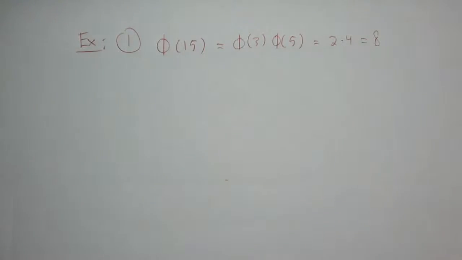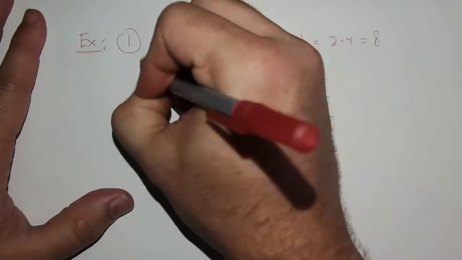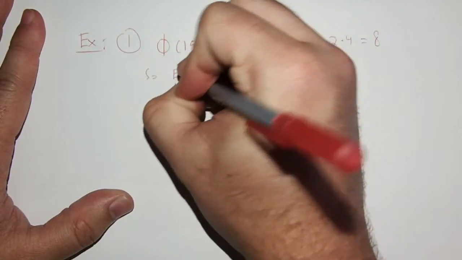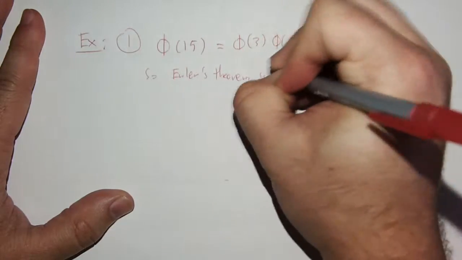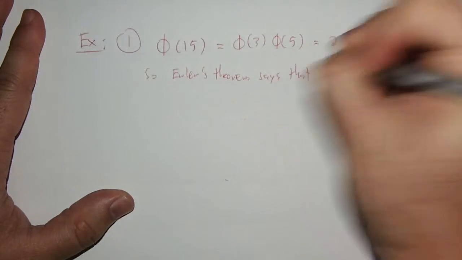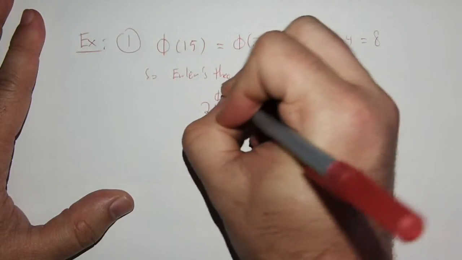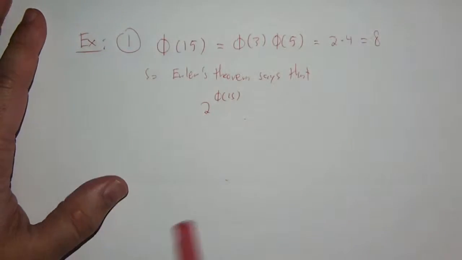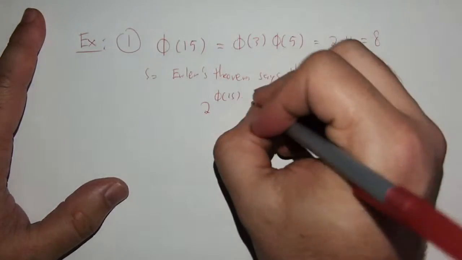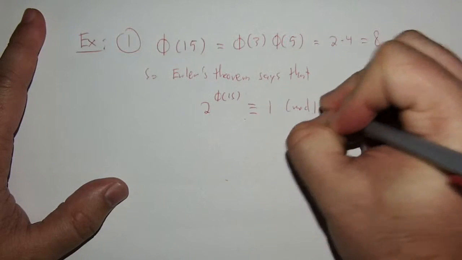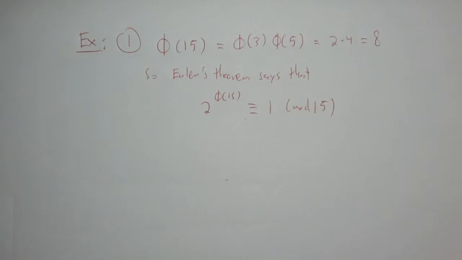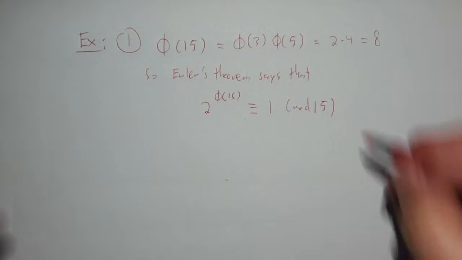Now, I haven't used Euler's theorem yet. Euler's theorem says that 2 to the phi of 15 is congruent to 1 mod 15, since 2 and 15 are relatively prime.